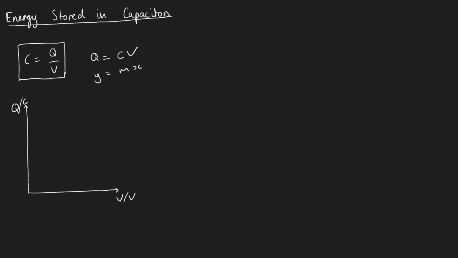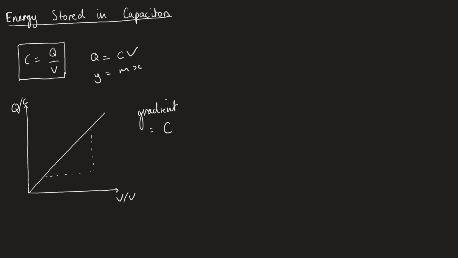We know from this idea that it has to be linear, right? So we get a linear graph where the gradient, M, is the capacitance. The gradient of a QV graph is capacitance.